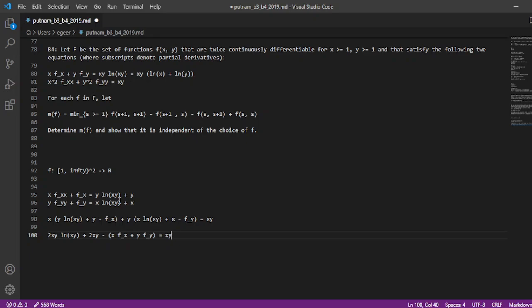I'm just checking what I did so far for mistakes. x ln xy times x. Well, that seems to check out to me. And then the problem is that we know what xfx plus yfy is. We know that it's equal to xy ln xy, and then this equation doesn't seem to work in that case.